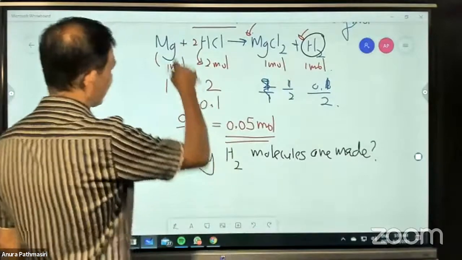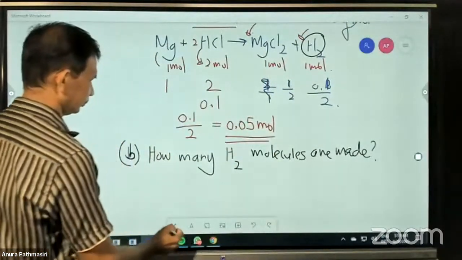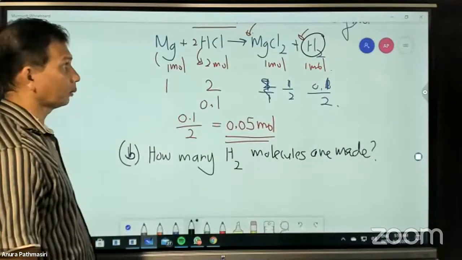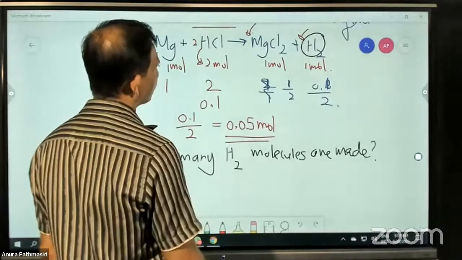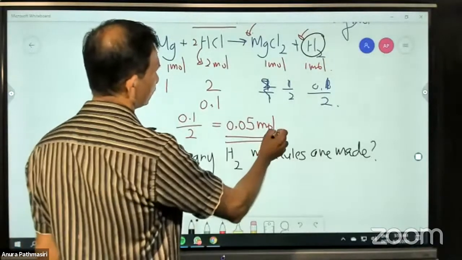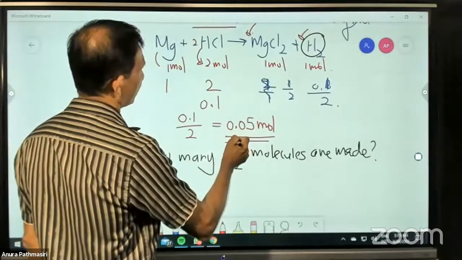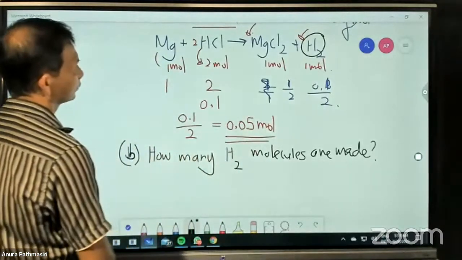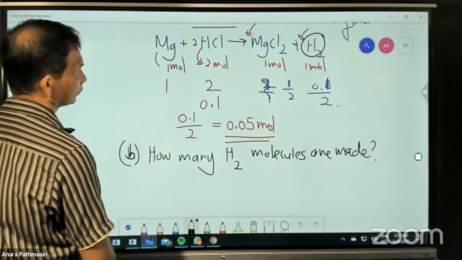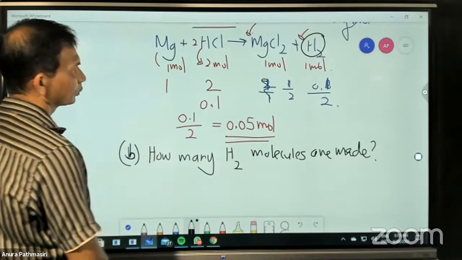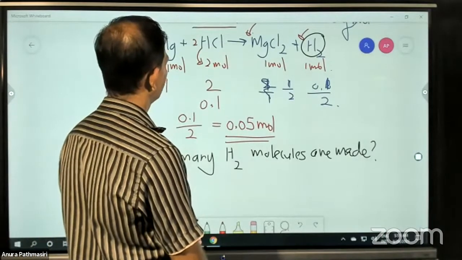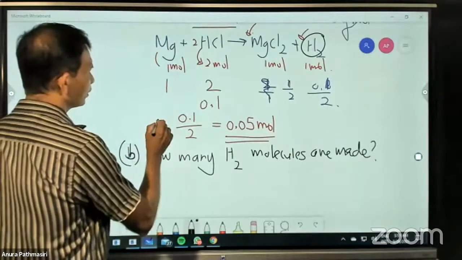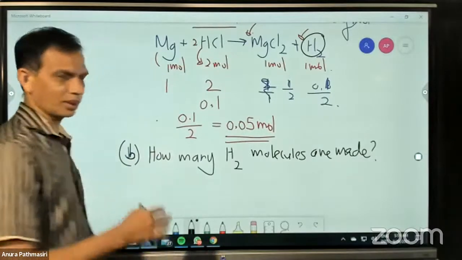The same amount like magnesium? 1 mole? 0.1 mole? Or 0.05 mole?